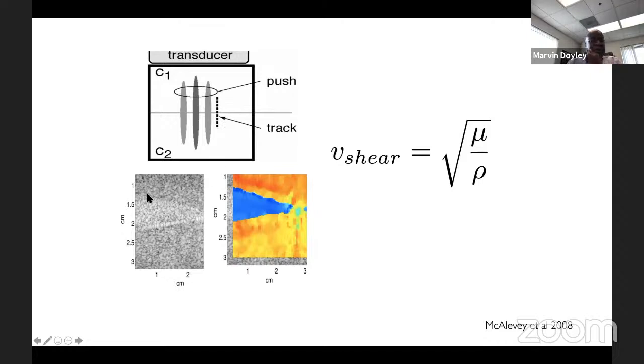What you see here is a resolution phantom. We have a wedge, and again, based on the shear wave speed, we can calculate the velocity using information on the density of the underlying tissue, and this is the corresponding shear wave speed map that you would get, okay?